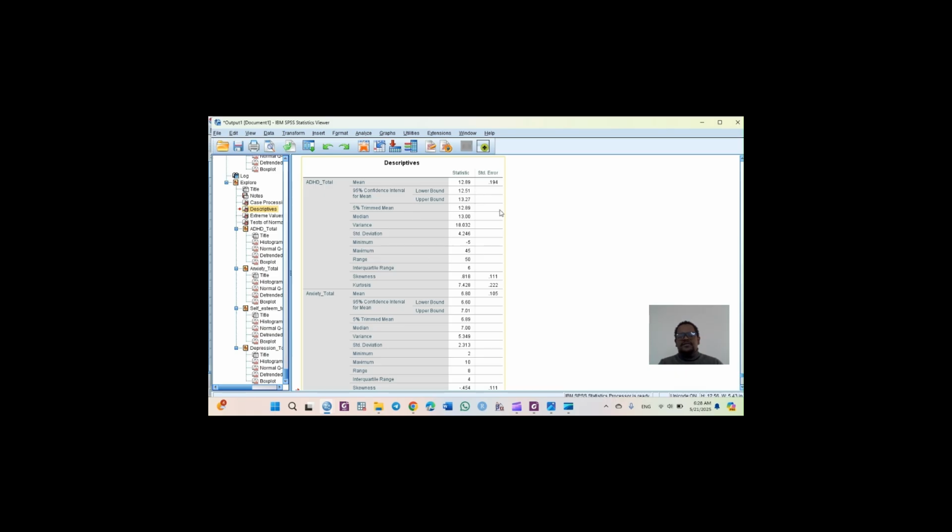If in the descriptives the mean, the trimmed mean, and the median are close enough, that's a positive sign to go for parametric tests like the independent sample t-test, paired sample t-test, ANOVA, regression, Pearson correlation, and the like.